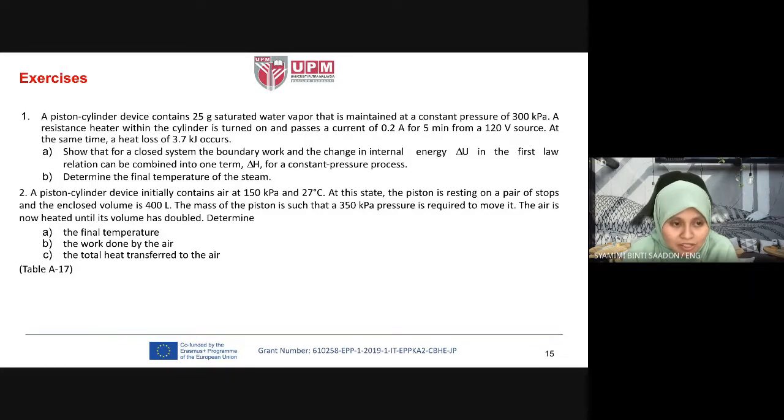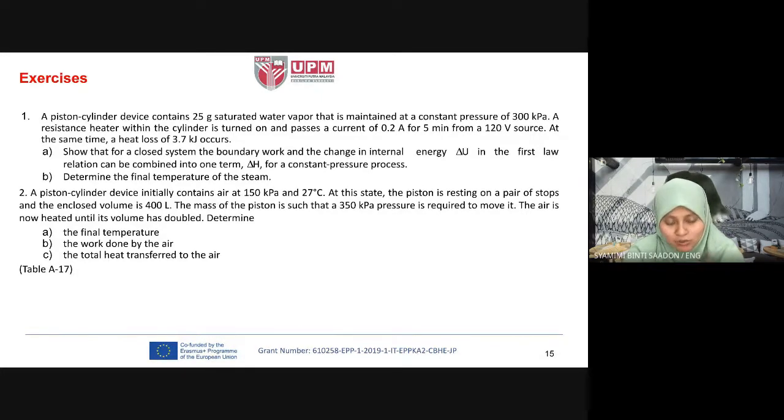Okay, ada heat loss. Part A: show that for a closed system, the boundary work, remember what we have learned last week, and the change in internal energy, delta U, in the first law relation can be combined into one term, delta H, for constant pressure process.